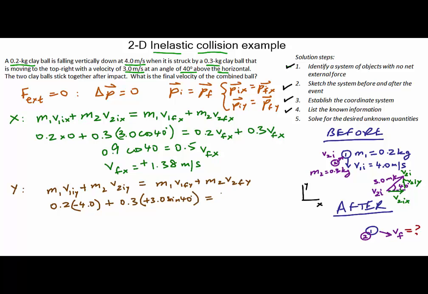And on the right-hand side, again, I have m1, which is 0.2, vfy. I don't need the 1 and 2 designation. They both have the same velocities, plus 0.3 vfy.